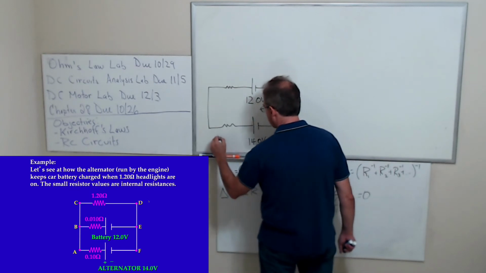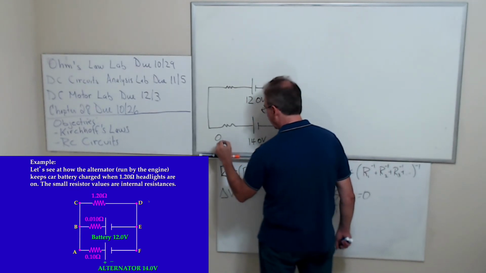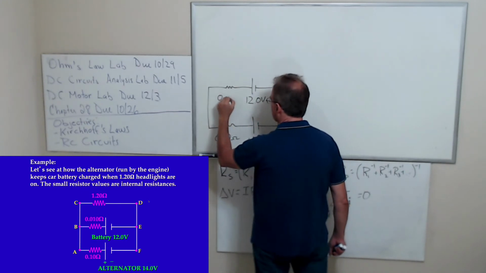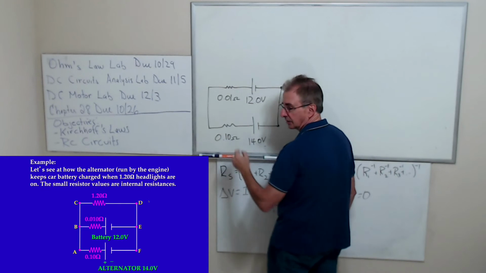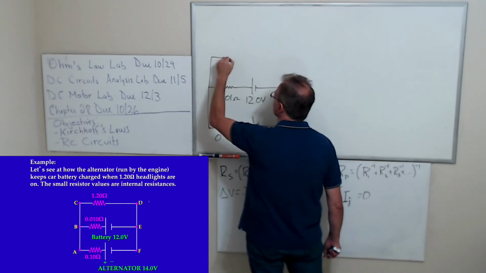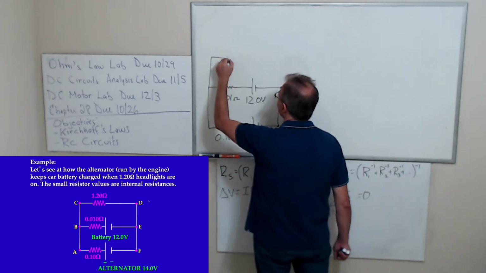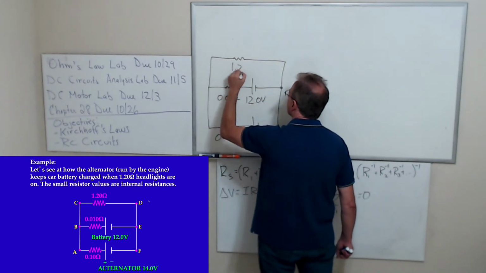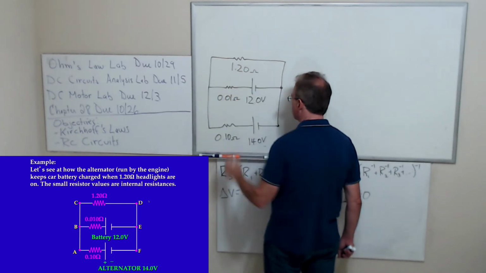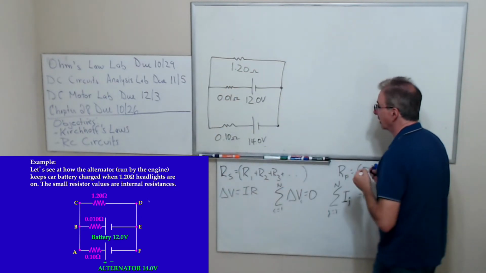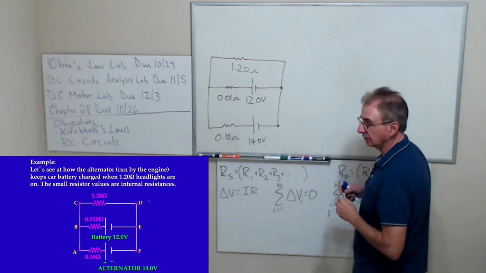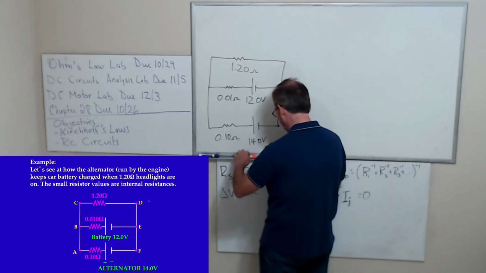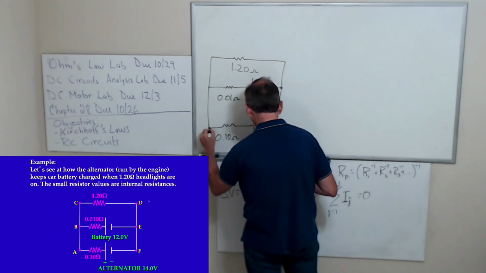This is the resistance of the alternator, the resistance of the battery, and then this will be your 1.2 ohms. This could be your headlights. I should have drawn it bigger, but I don't have enough space here to write everything down. Let me label the points.